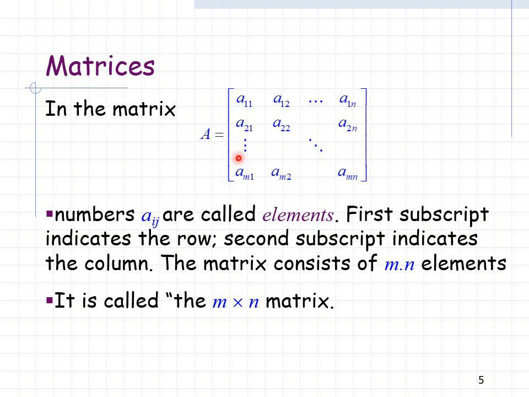So each element has its own definition: two numbers, the first for its row location, and the second for the column.